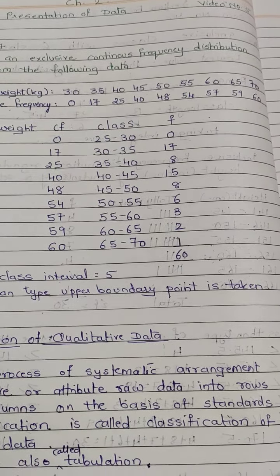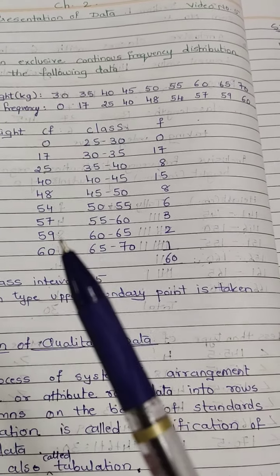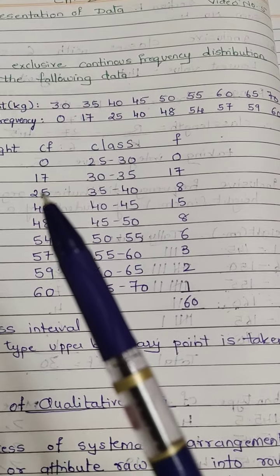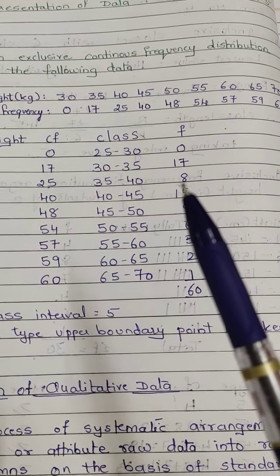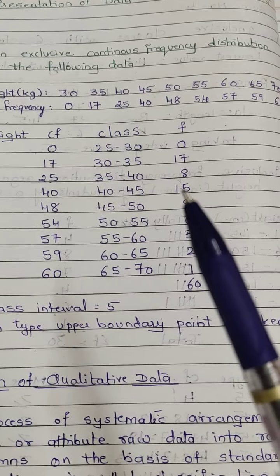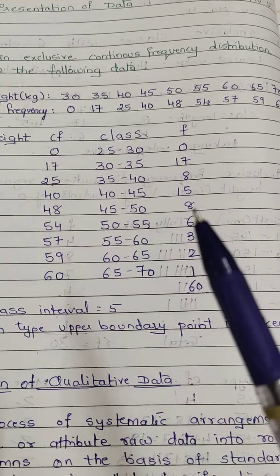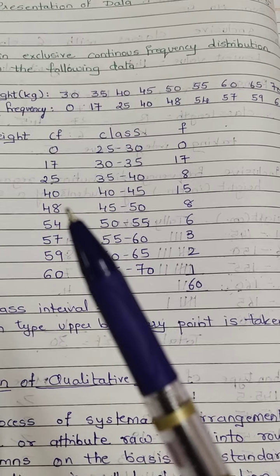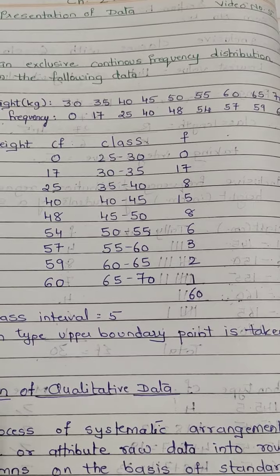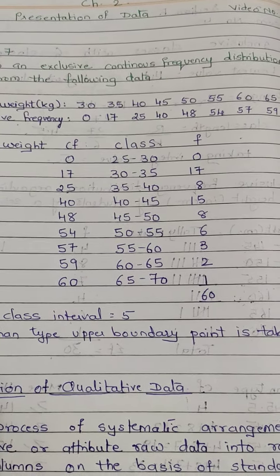The first one 0 as it is, then 17 minus 0, so it comes to 17. 25 minus 17, 8. 40 minus 25, 15. 48 minus 40, 8. 54 minus 48, 6. 57 minus 54, 3. 59 minus 57, 2.